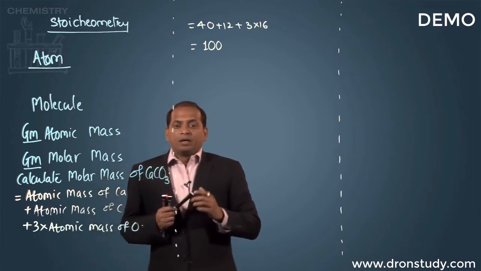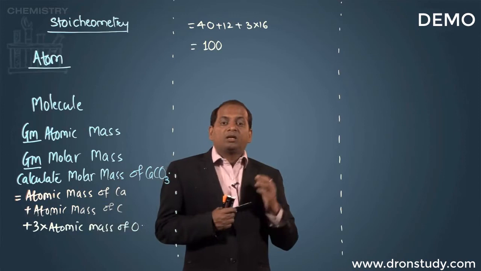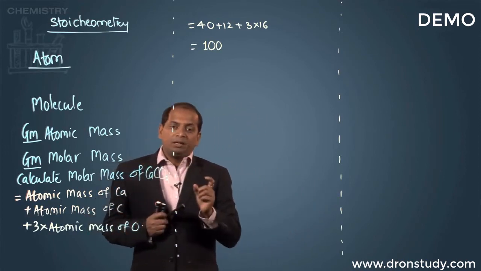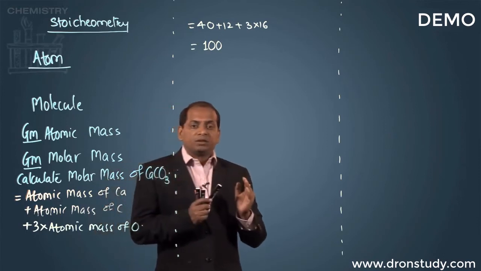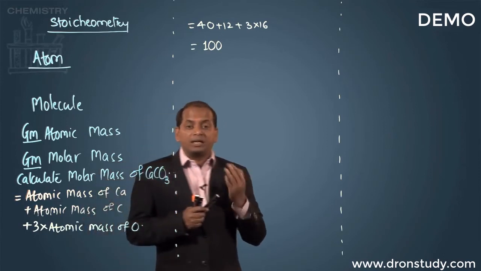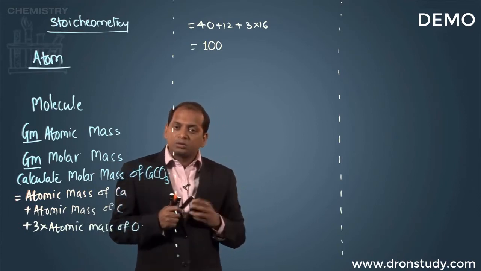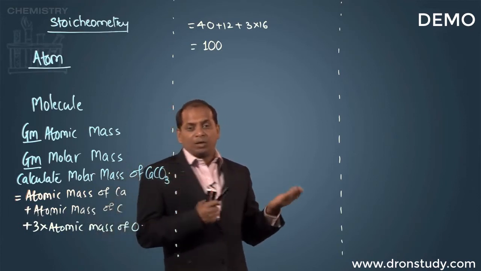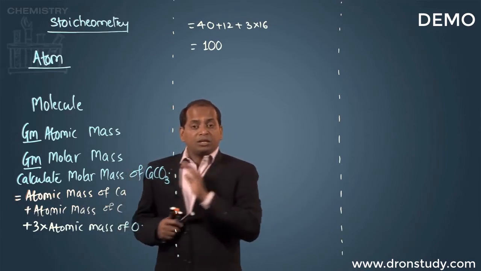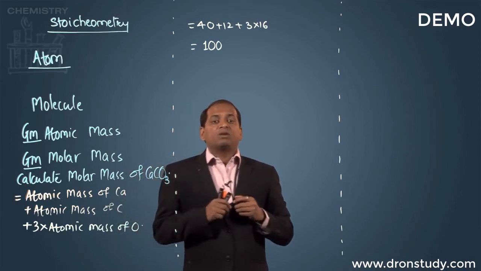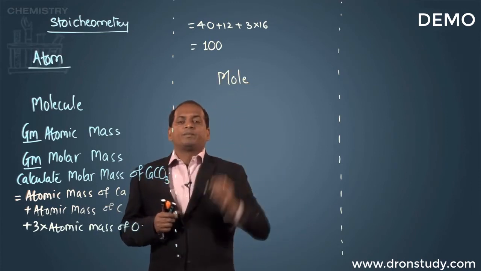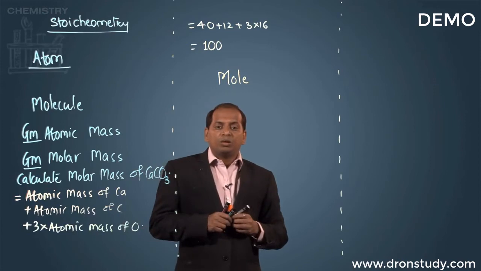Now, to determine the amount of substance quantitatively, we use various terms. For example, a dozen and a gross: a dozen stands for 12 units, a gross stands for 144 units. So in chemistry, we use one more term called mole. Now what do you mean by mole?